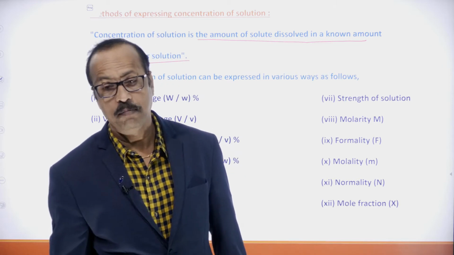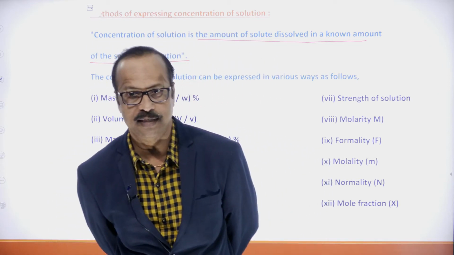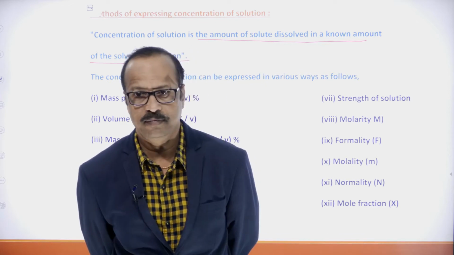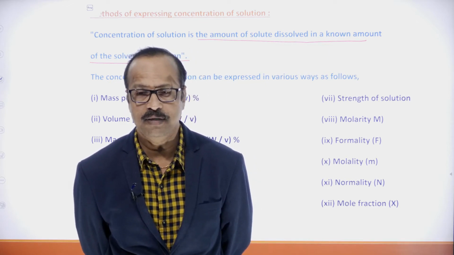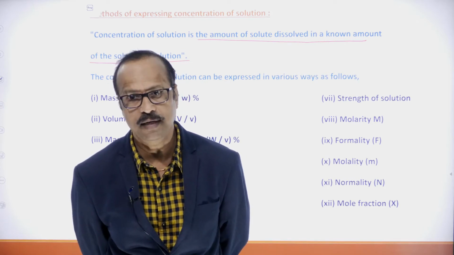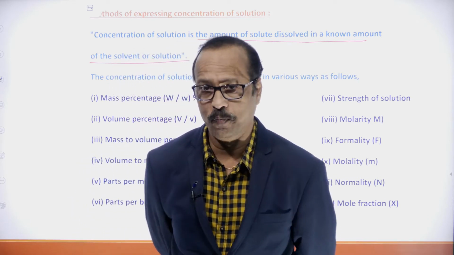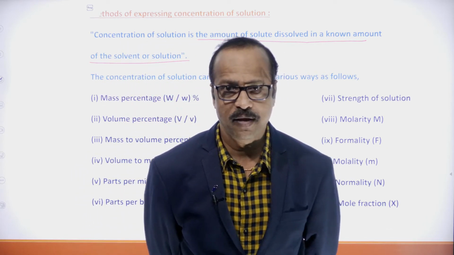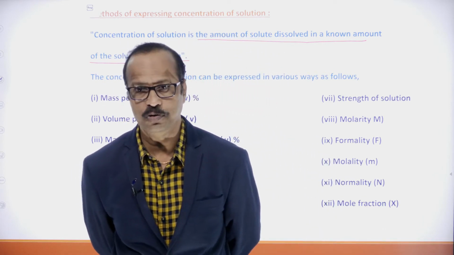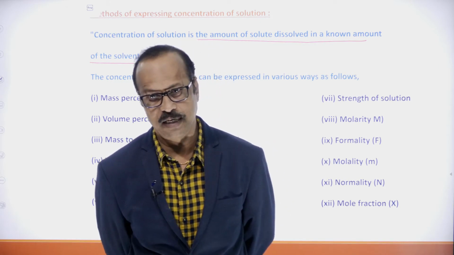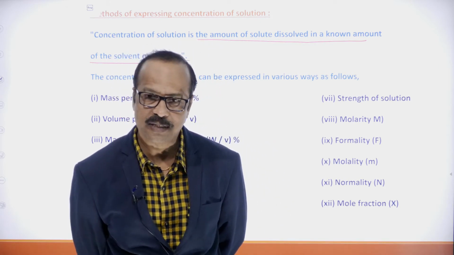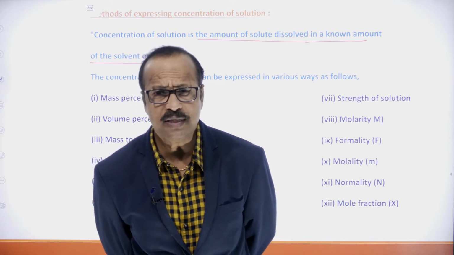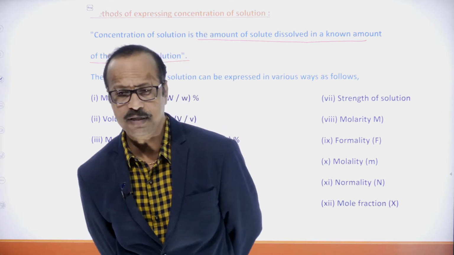Known amount means, if you are writing a test, you should know for how many marks you are writing the test. Similarly, here, how much solute is present in a known amount of solution is called concentration. Clear?